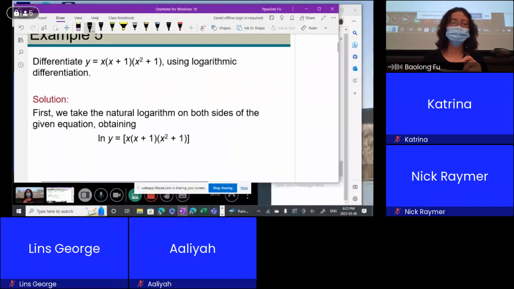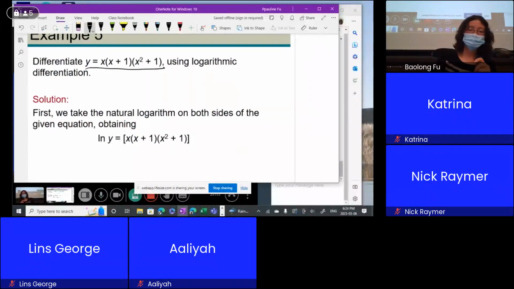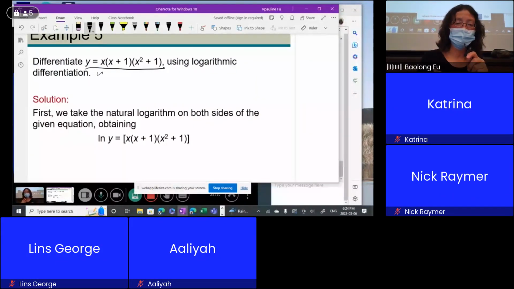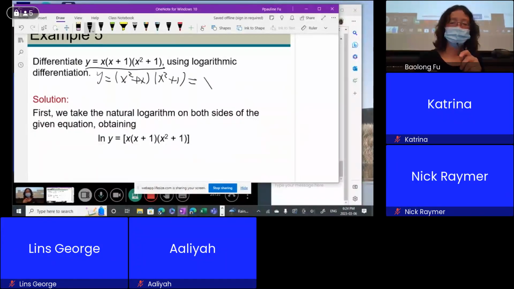Okay, next question. Differentiate y equal to x times (x plus 1) times (x squared plus 1), use logarithmic differentiation. So for this one, of course, you can expand this. So for example, x plus x squared times x squared plus 1, you expand, equal to x to the 4 plus x squared plus x cubed plus x.